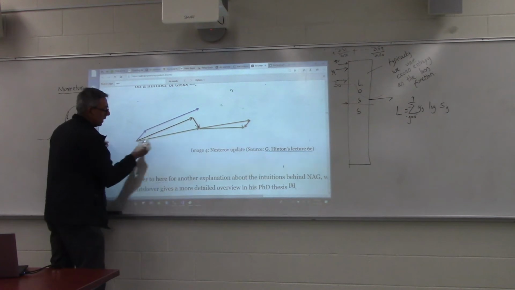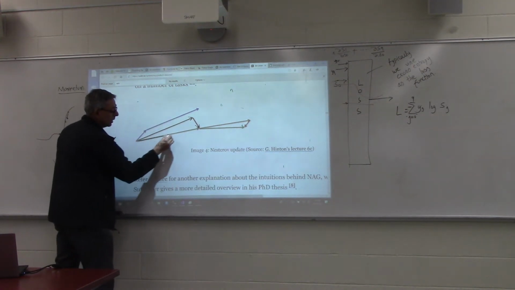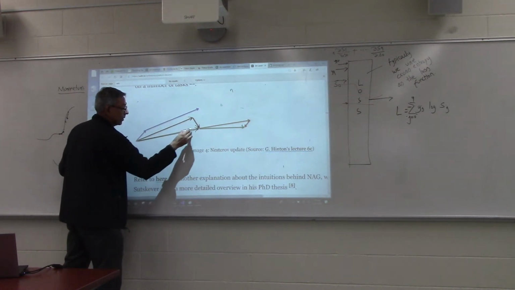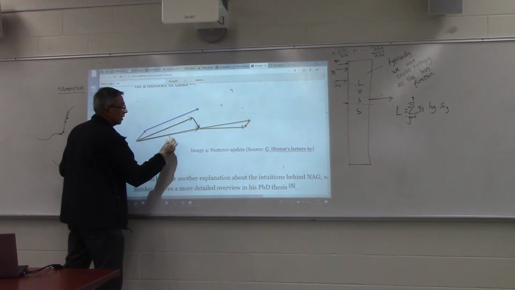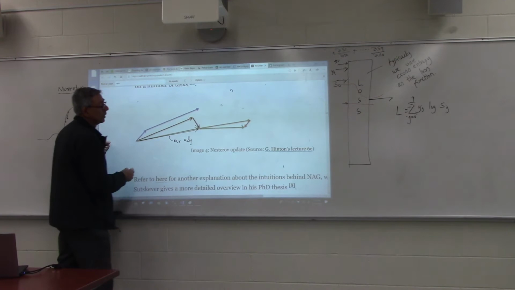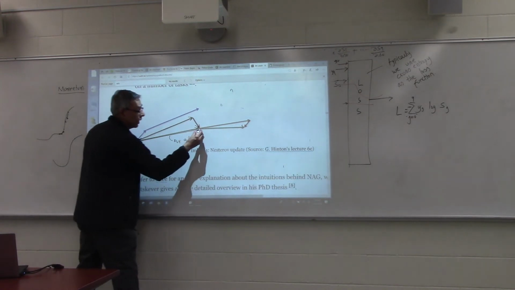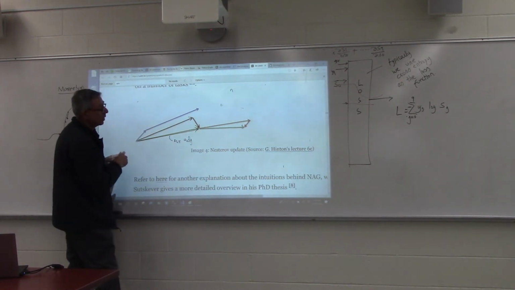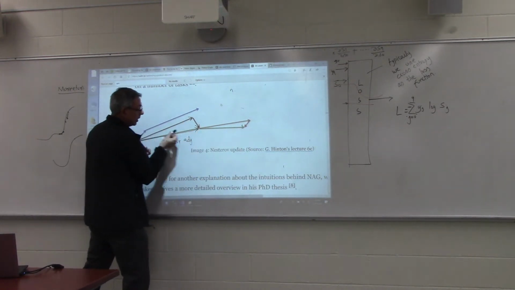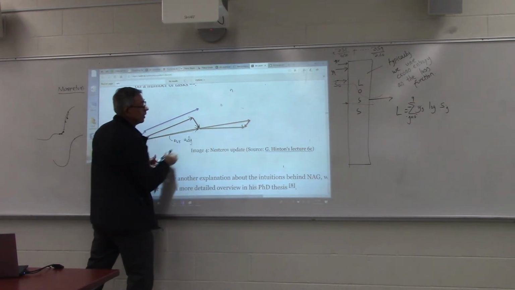Then as we add the two, do a vector addition, this is how we will adjust the theta. So this will be our adjustment or our computation. This green part over here is how it will behave.